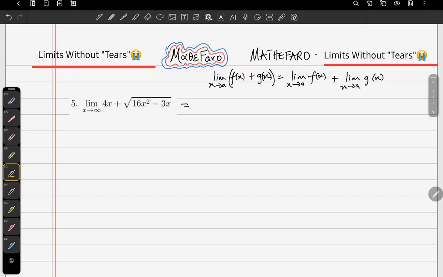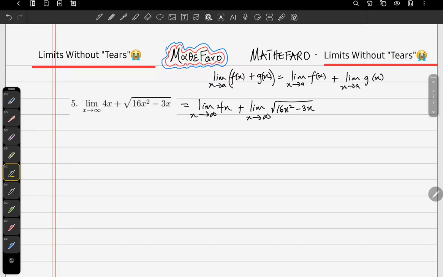The limit of a sum is the sum of the limits. So in this case, we can simply say this is equal to the limit of 4x as x goes to infinity plus the limit of the square root of 16x squared minus 3x as x goes to infinity.